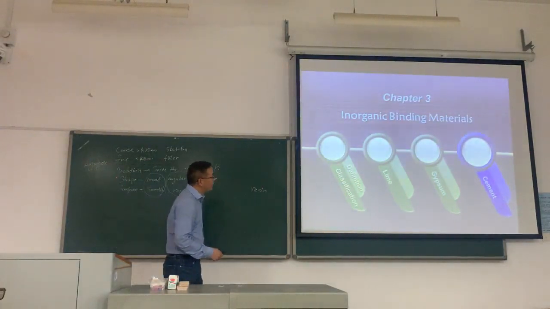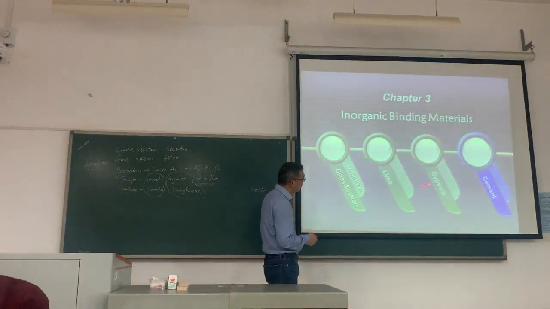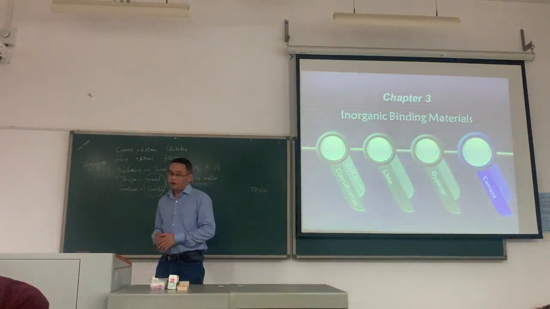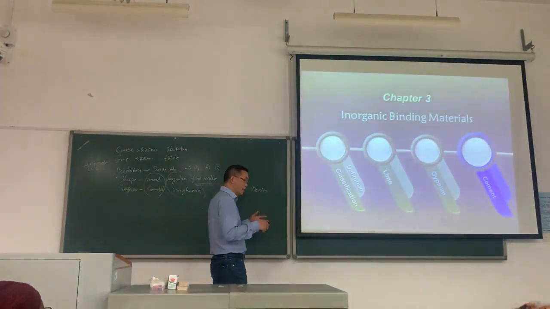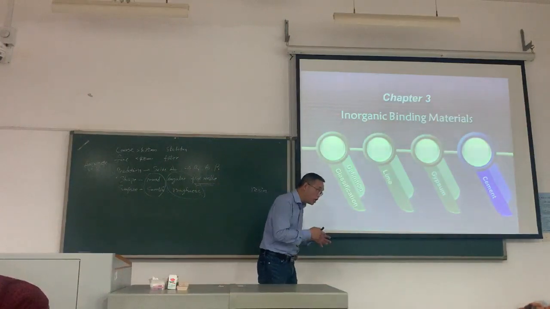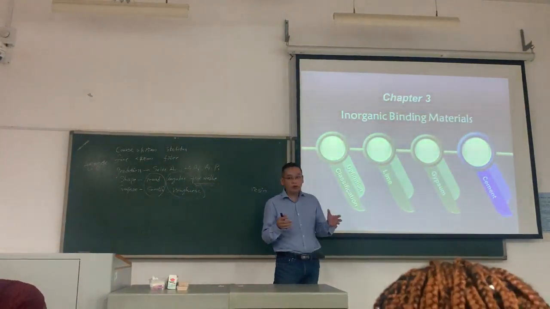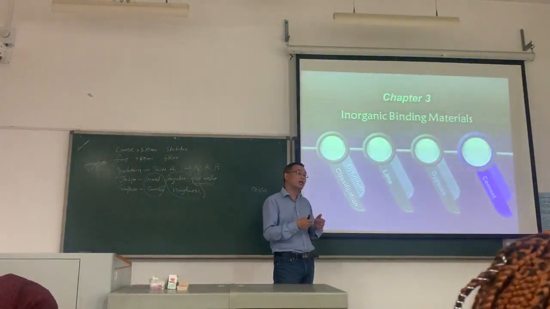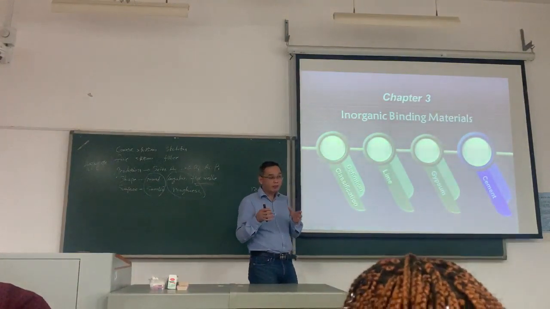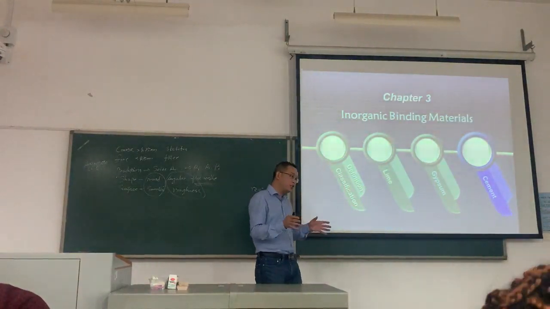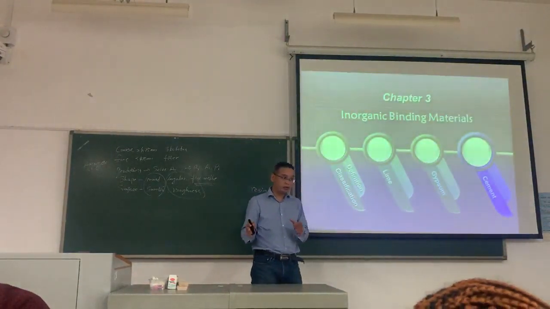In this chapter, we need to know four sections. The first one, we get the definition of the inorganic binding materials, so I can tell you what kind of materials belong to the inorganic binding materials. And then the classification of this kind of materials.